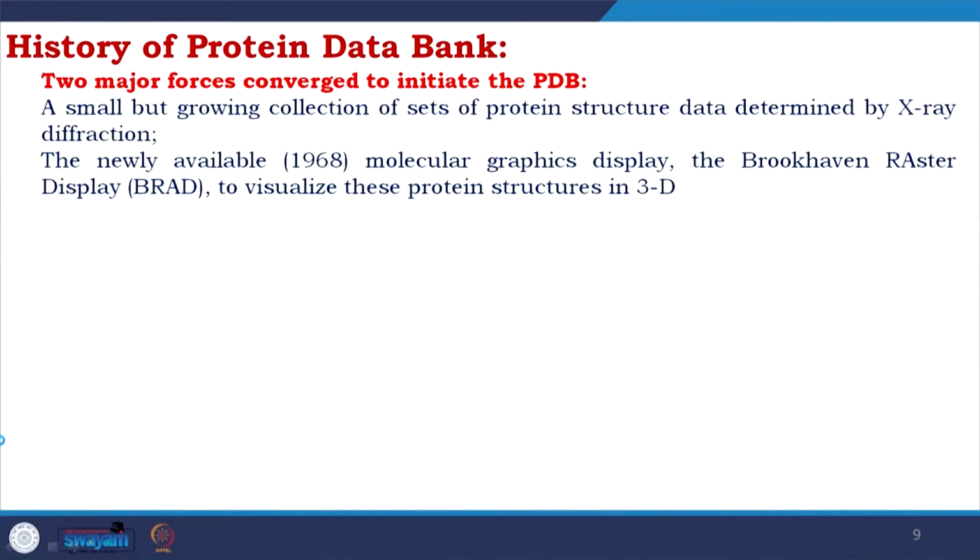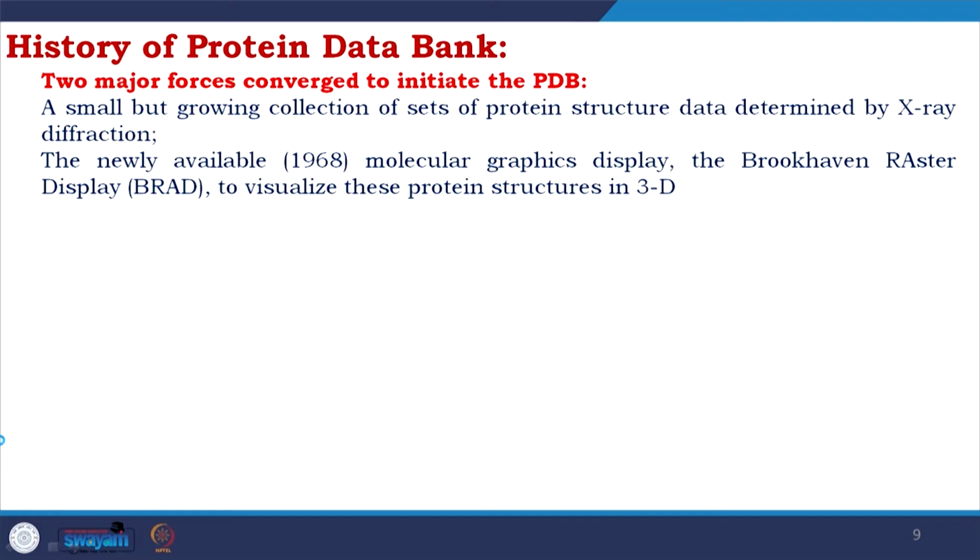Those data needed to be kept somewhere, and that was one of the forces to bring the idea about the protein data bank, but this was also supported by the newly available molecular graphics display, the Brookhaven raster display or BRAD, to visualize these protein structures in 3D.